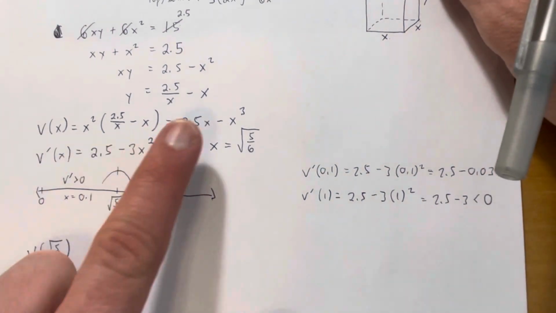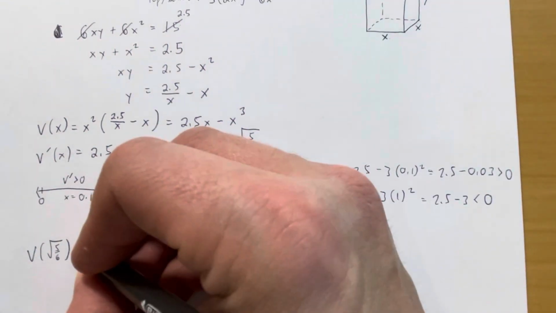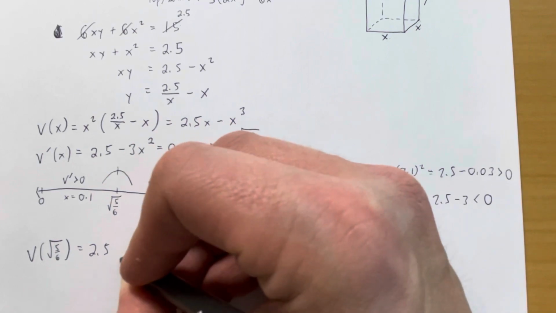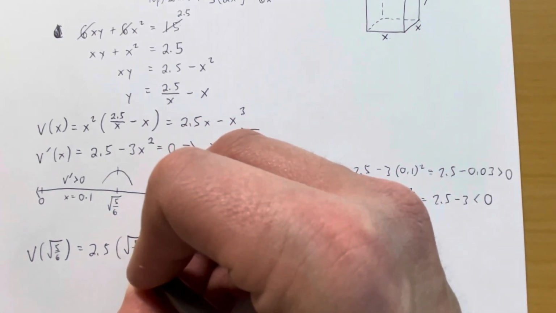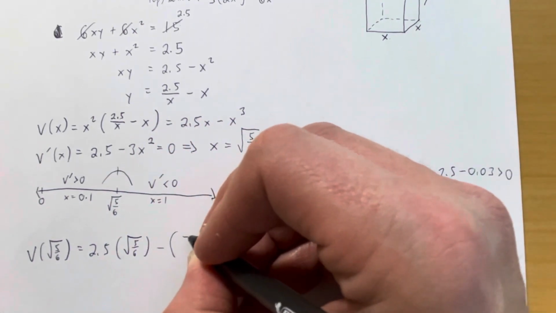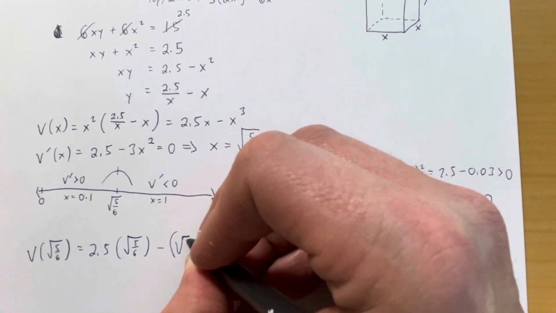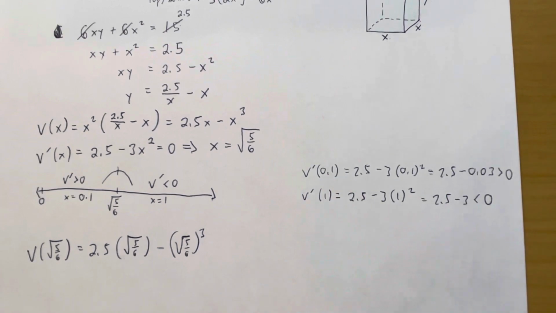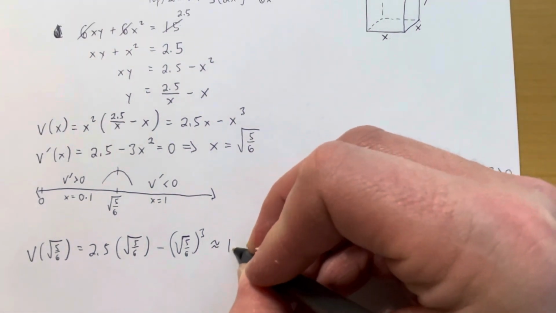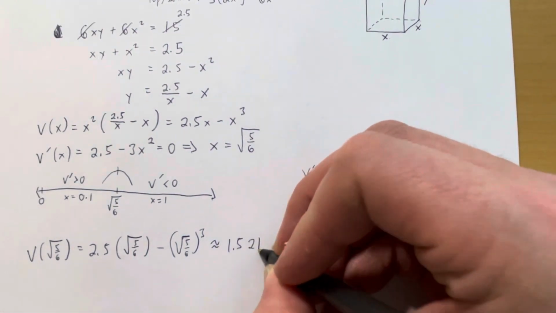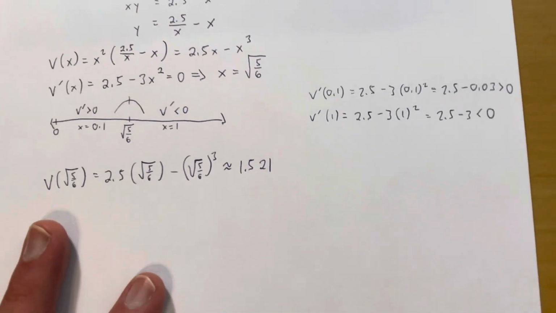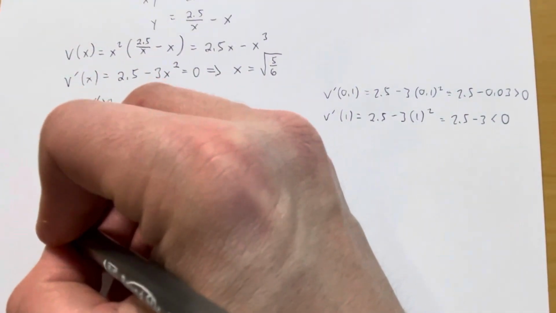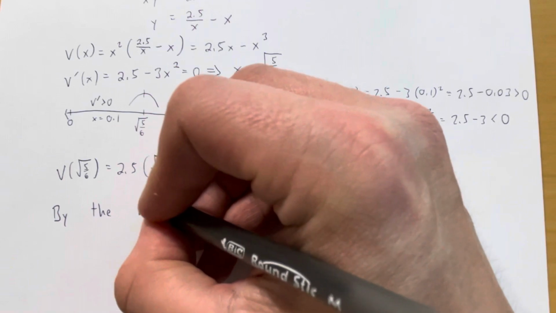V of x, remember, is this function right here. So that's equal to 2.5 times the square root of 5/6 minus the square root of 5/6 cubed. Use a calculator for that. This is going to come out to approximately 1.521.